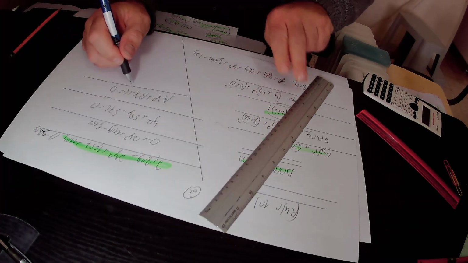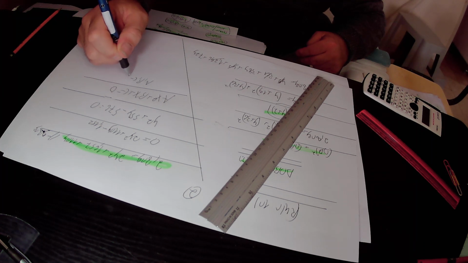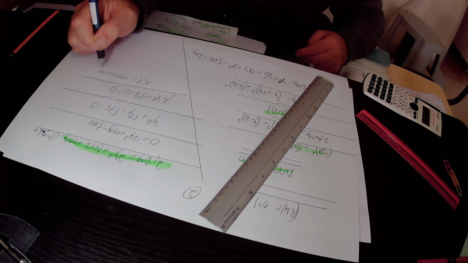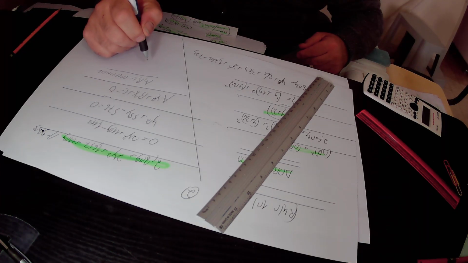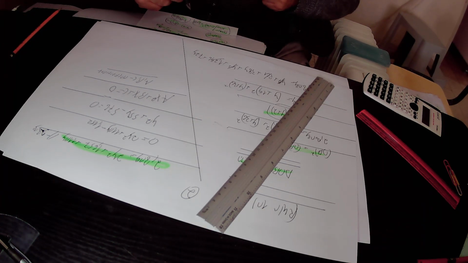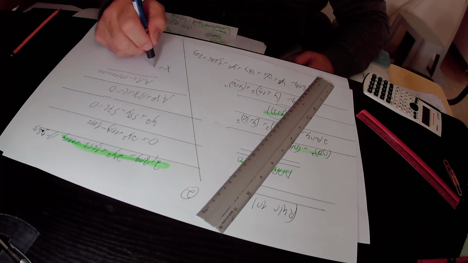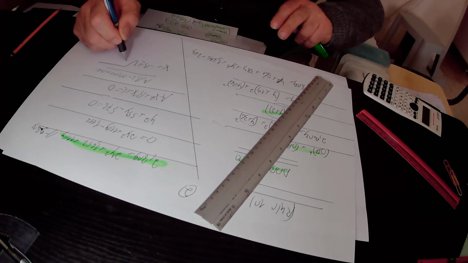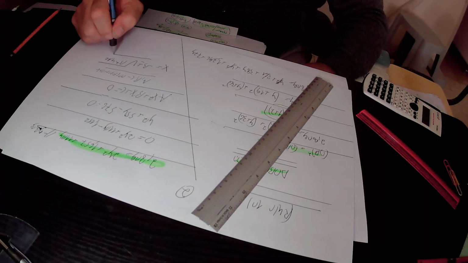A, b, and c are the coefficients of this quadratic equation, and x is the variable that we are looking for. We find the value of x according to the following formula: x equals minus b plus or minus the square root of b squared minus 4ac, over 2a.